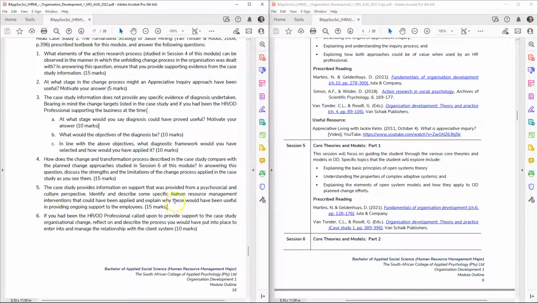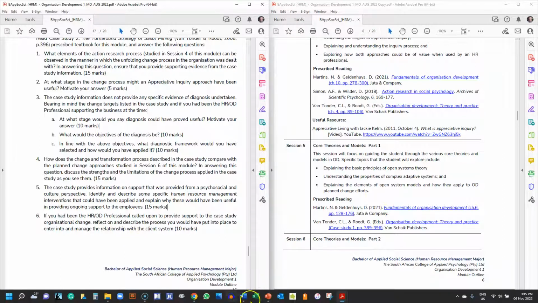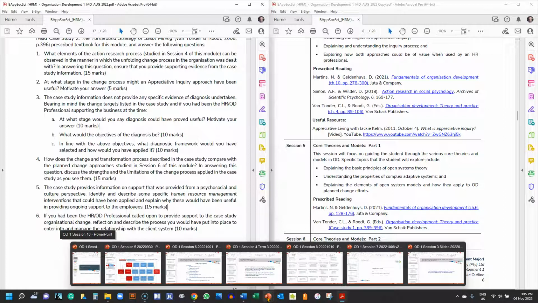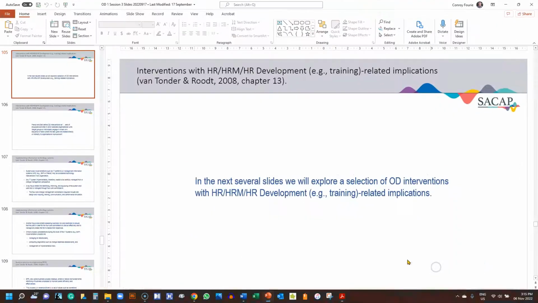So okay, you be the judge of that. So I've got a slide on that, and there's material in a textbook that will give you kind of an idea of human resource management intervention. So I think this was session 3. Let me just go to the slides for session 3 and let's see.